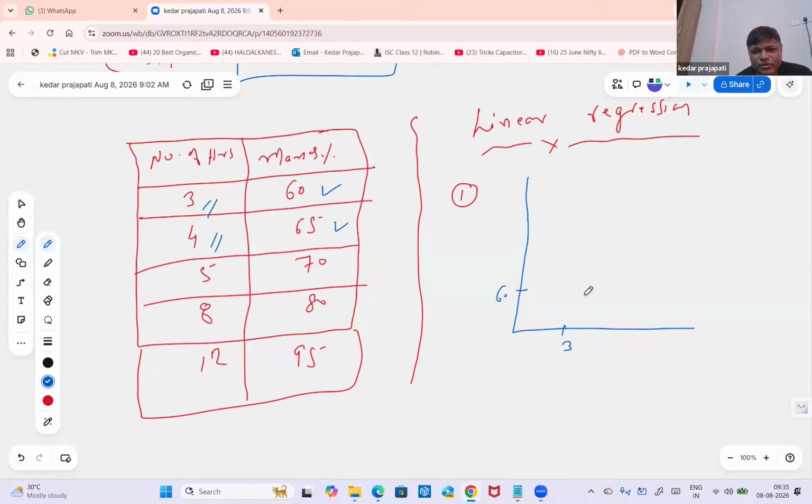This is 60, so it will say, okay, my 3 and 60 come here. 4 hours, then 65%, so 65 is here. 5 hours, then 70, so 70 will be coming somewhere here. So it will try to draw a line of best fit. So this line goes like this. This is called the best fit line.